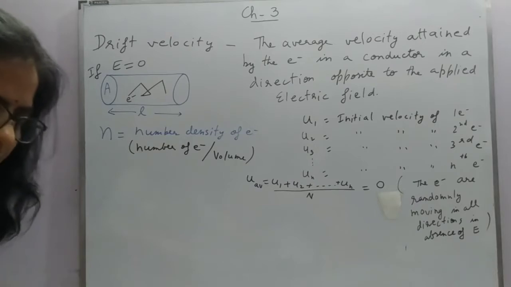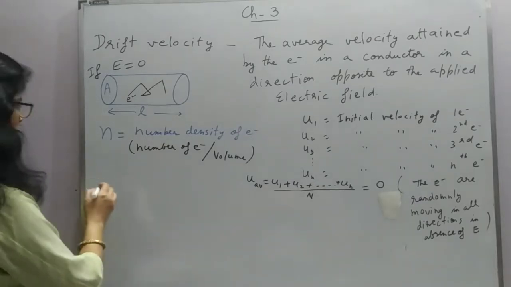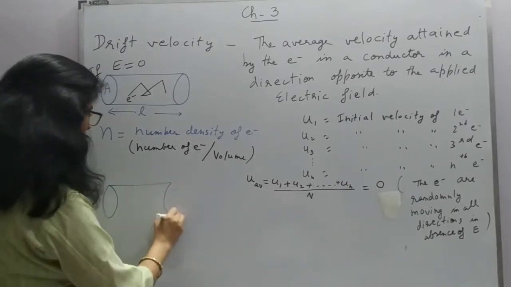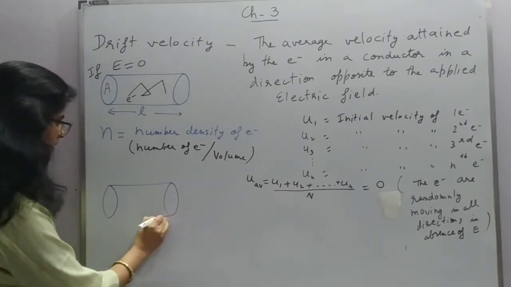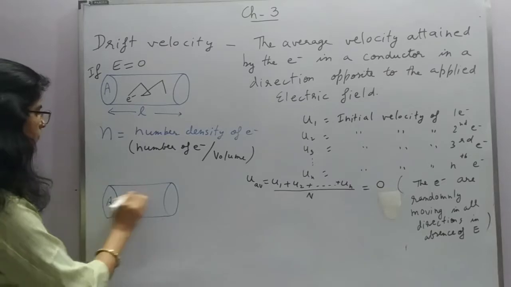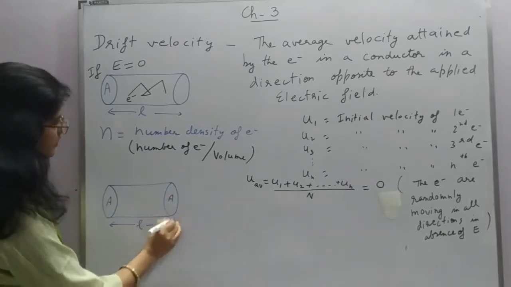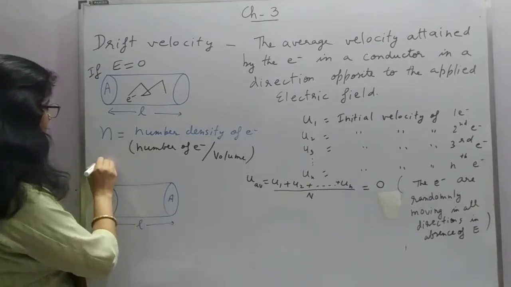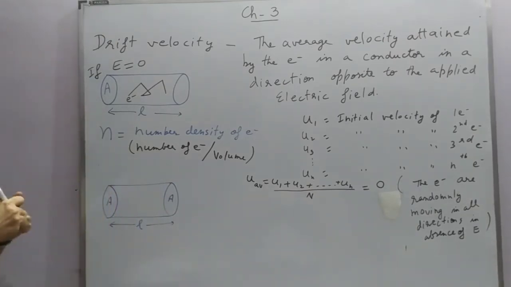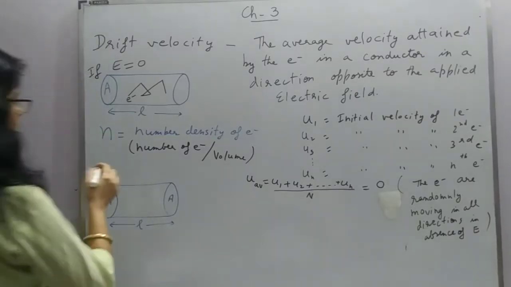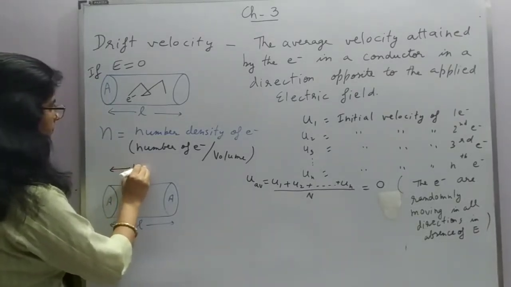What if the electric field is applied now? Let's consider this case. Again, we are considering the same conductor of the same area of cross section, same length, same number density, right? Now we have applied an electric field in this direction.